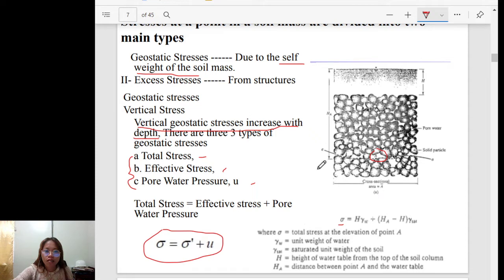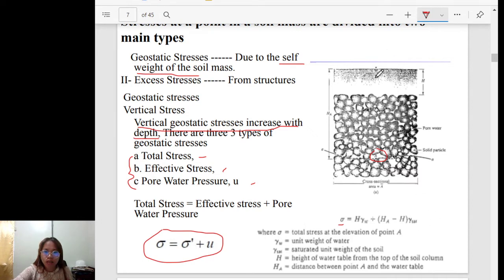If you want to get the total pressure at point A, this is the formula: we have this stress due to the water table above, plus the total stress of this portion of the soil, which is (ha minus h) times gamma saturated, the saturated unit weight of the soil at this portion.